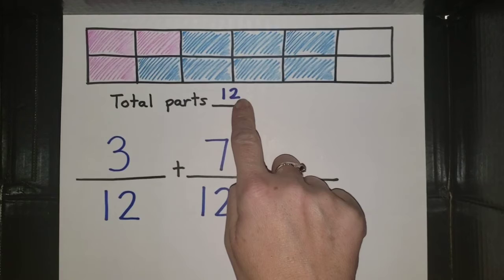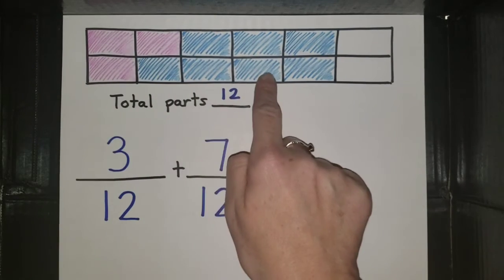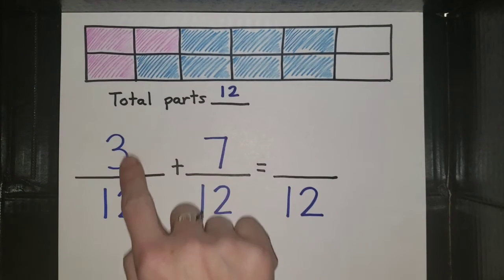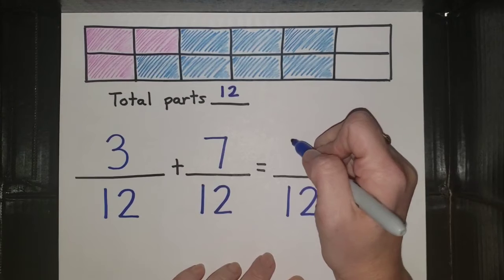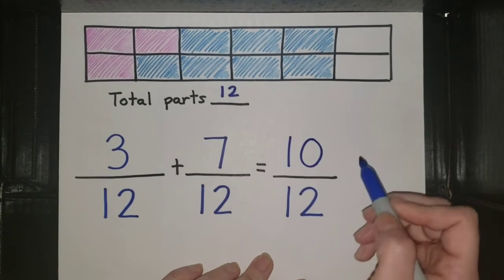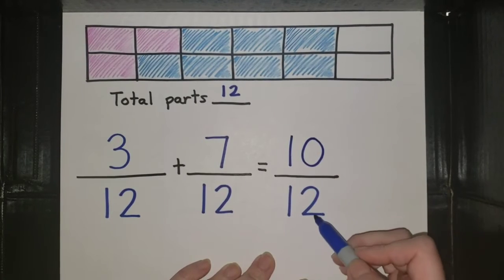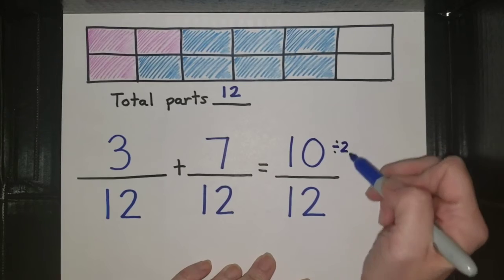There's 12 total parts, 3 and 7. So 3/12 plus 7/12 equals 10/12. Great job. I also think about 10 and 12 and knowing that they are both even numbers.